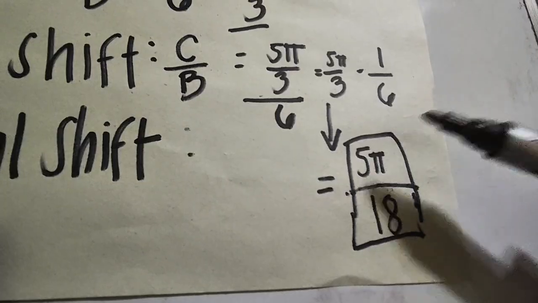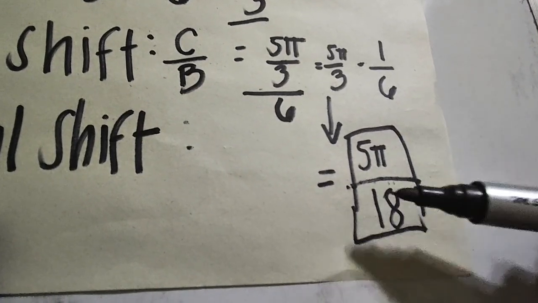So our graph will start at 5 pi over 18.